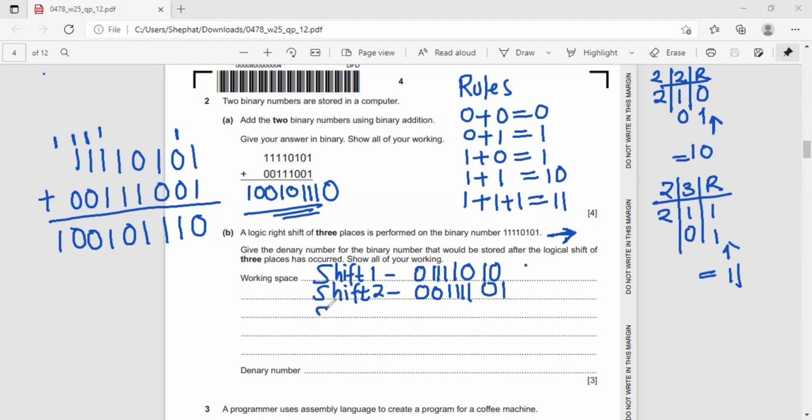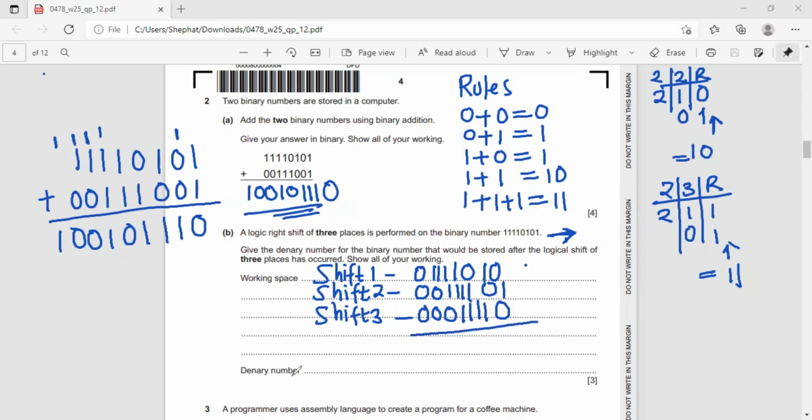Then when we do the third shift, again, we shift to the right. We are going to have 0, 0, 0, 1, 1, 1, 1, 0. This one will be lost. So we've now carried out the right shift of 3 places. So this is the result here.